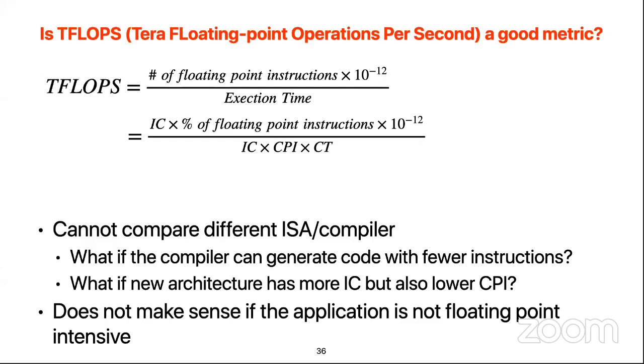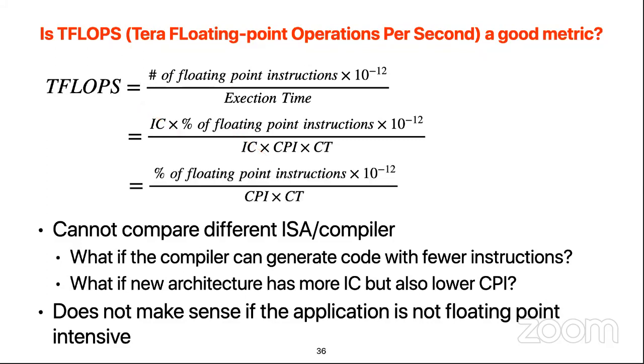If you look at the equation, it's the instruction count in your original program times the percentage of floating point instructions times 1 over a tera, divided by the execution time, which is the instruction count times the CPI times the cycle time, right? So what really happened is that the instruction count is gone, right? With T-flops, every factor that's related to instruction count is gone.